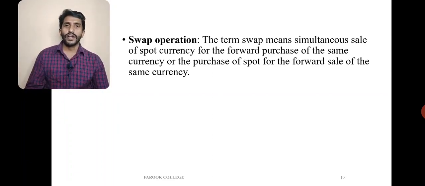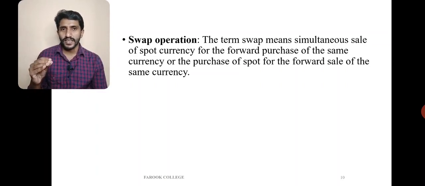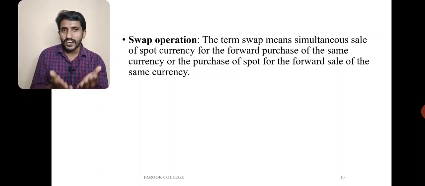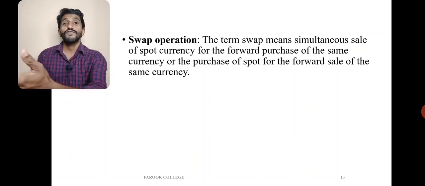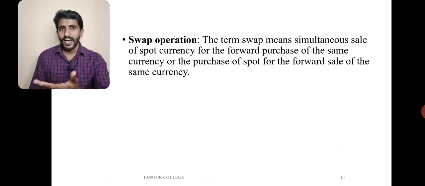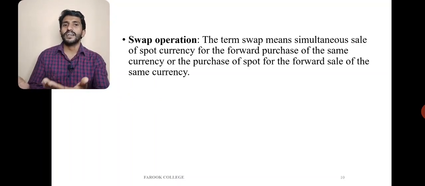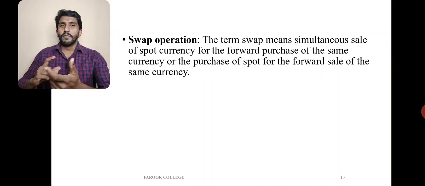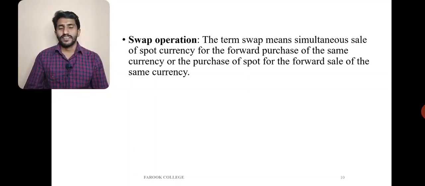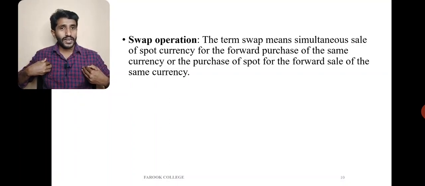Suppose I am making a contract with another person. I am saying that I am selling this $100 to you now, but in the future, after 90 days, I will be buying this $100 back. This is a swap option. I mean both selling and buying are happening. Why? What is the need of it? Suppose that I may need $100 now.